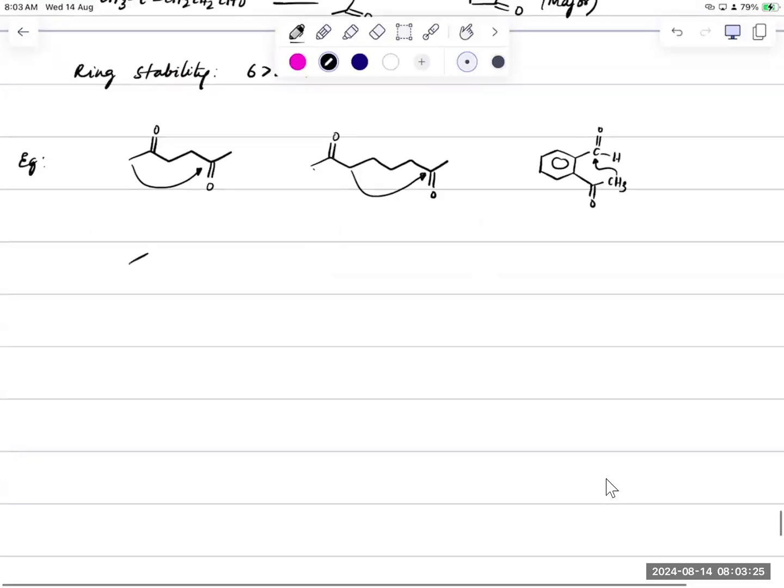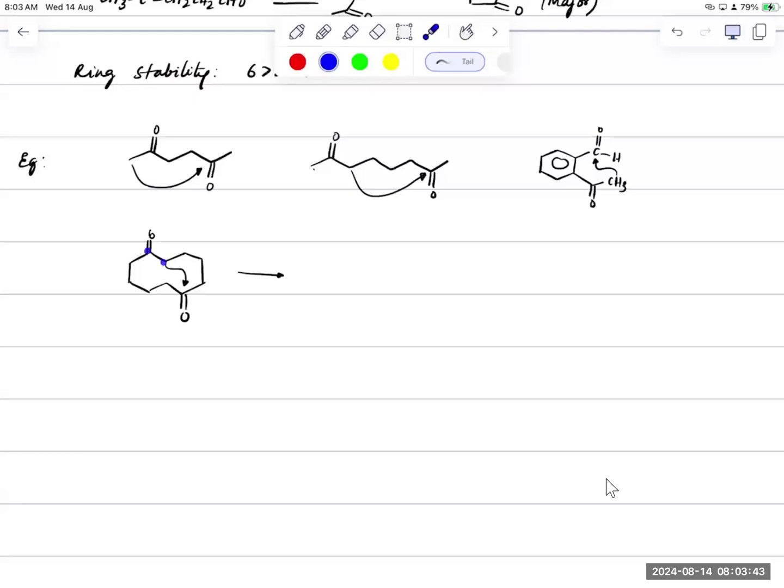Similarly, if you have double bond O, double bond O here, usually this comes in ozonolysis. In this case also, you will take this and close it here. And while closing, you see the ring says 1, 2, 3, 4, 5, 6, 7.